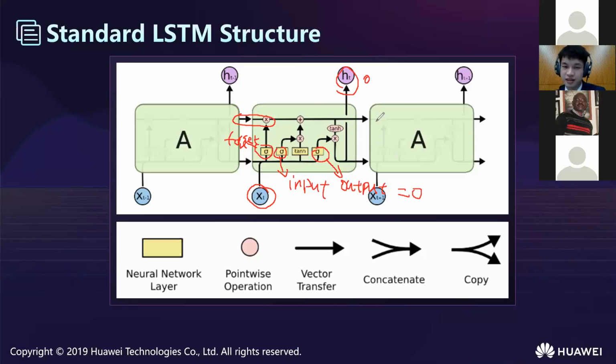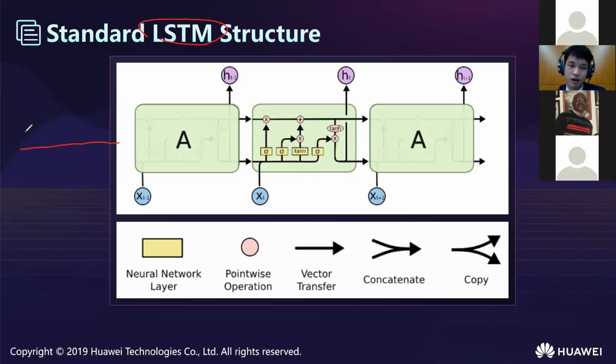Okay. So there are 3 kinds of gates in LSTM. They are the input gate, forget gate, and the output gate. You need to remember these 3 gates. Okay, so why do we need the LSTM? Because in a recurrent neural network, if the time state is too long, it will cause the vanishing gradient problem.